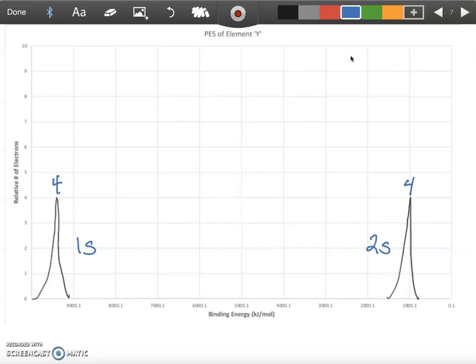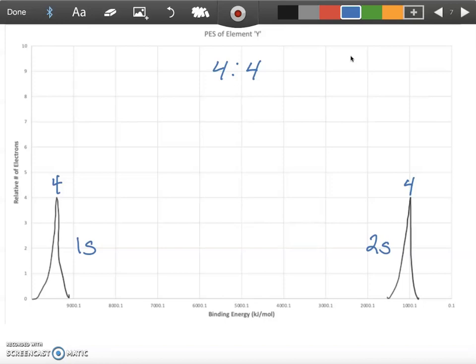So we have a ratio between these two orbitals of 4:4. Whenever we have a spectrograph that has not been printed out to scale, we need to find the lowest common denominator between these two numbers, between the ratio of 4. And the lowest common denominator is 2 between 4 and 4.